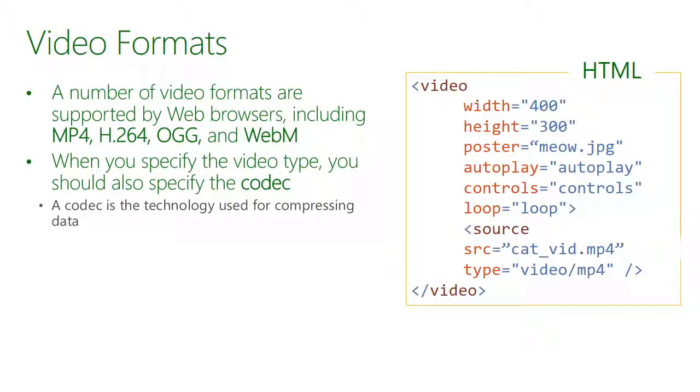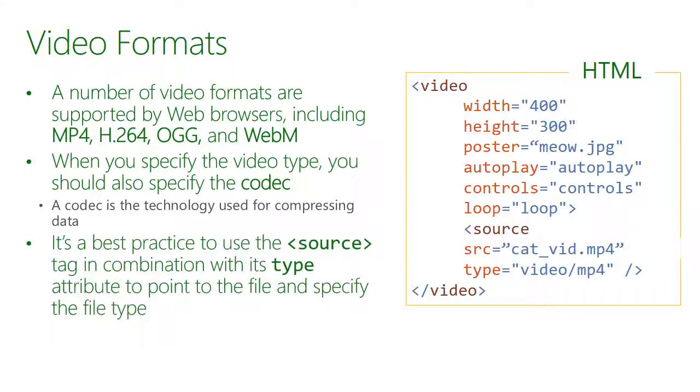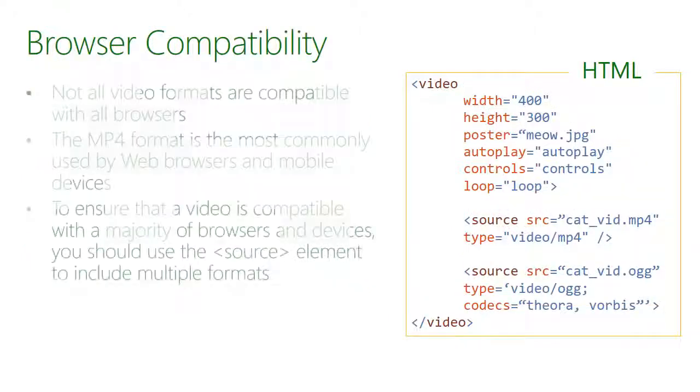Some of the video formats that are supported by web browsers include MP4, H.264, OGG and WebM. When you specify the video type, you should also specify the codec. The codec is a technology used for compressing the data. So it's best practice to use the source tag in combination with its type attribute to point to the file and specify the file type.